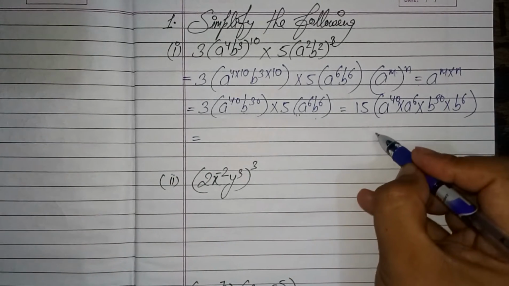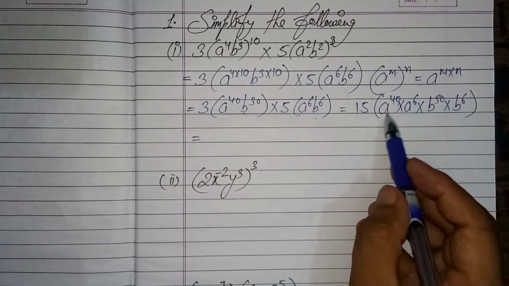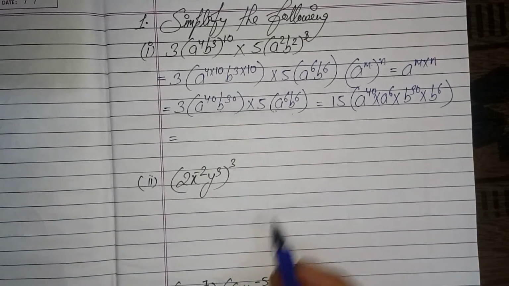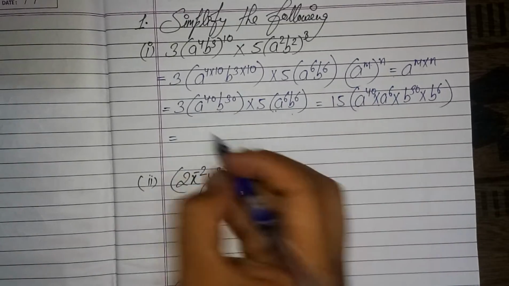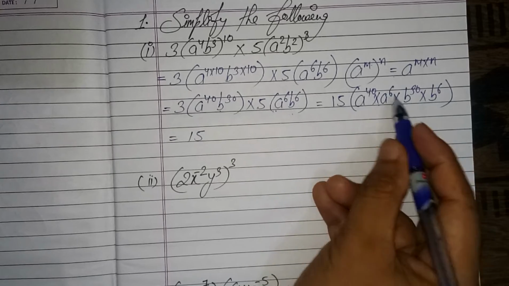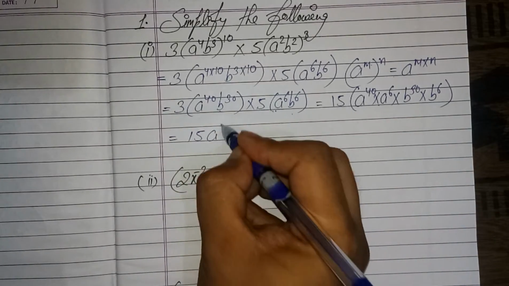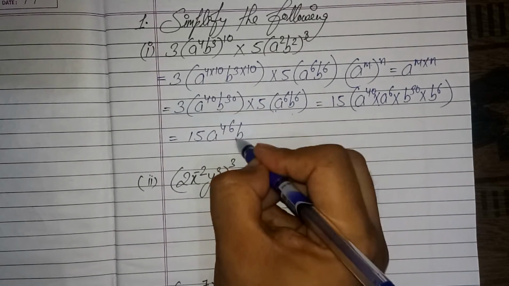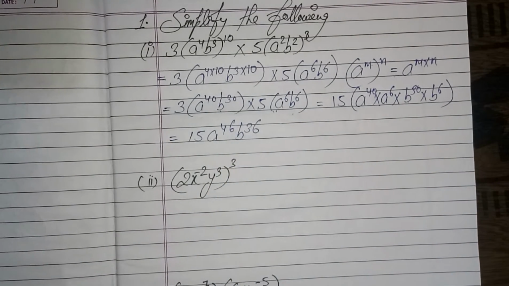We know that when the bases are the same, the powers get added. So the answer is 15, a^(40+6) which is a^46, and b^(30+6) which is b^36. So the answer of this given problem is 15 a^46 b^36. I hope this is clear.